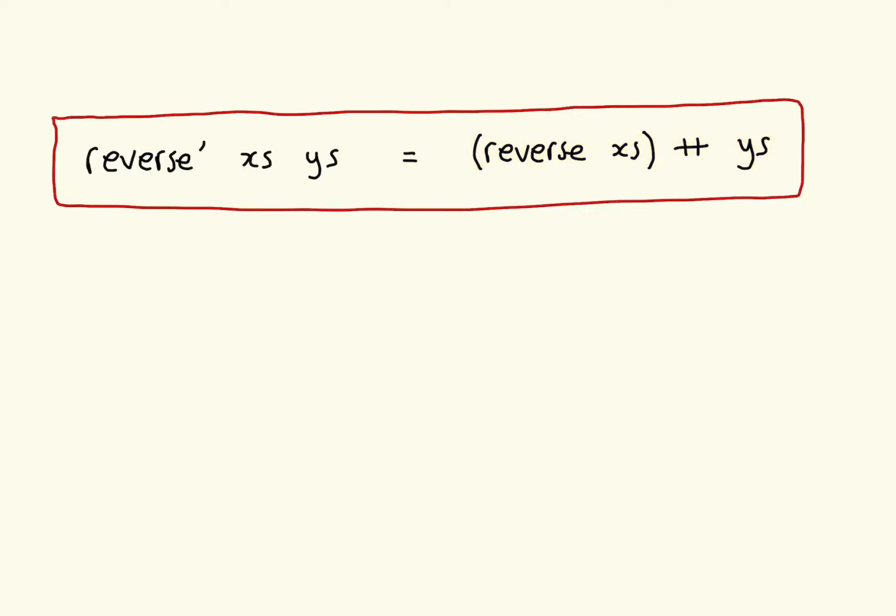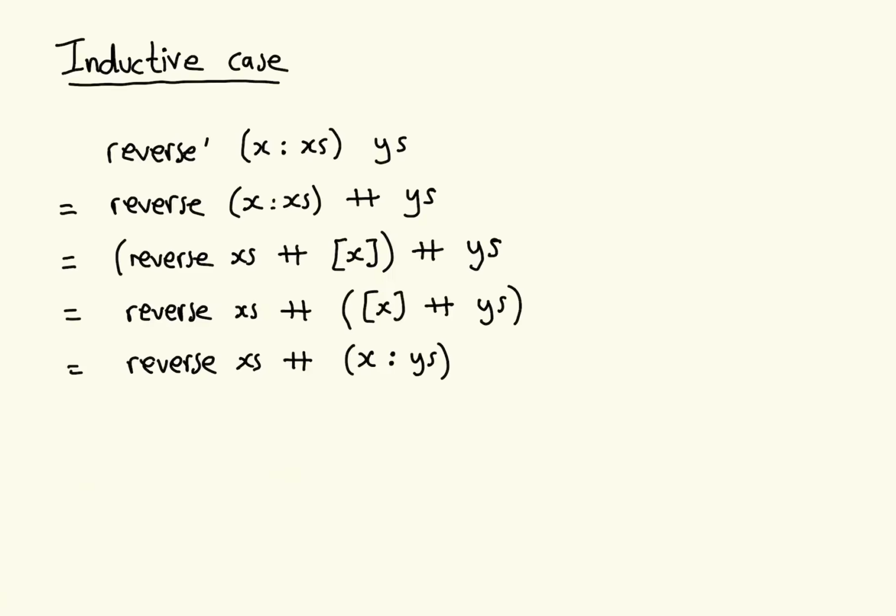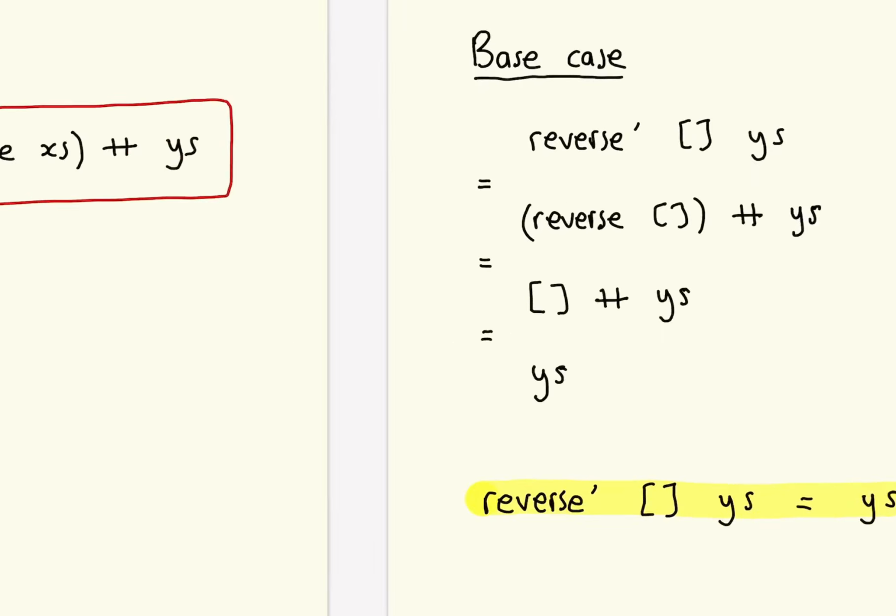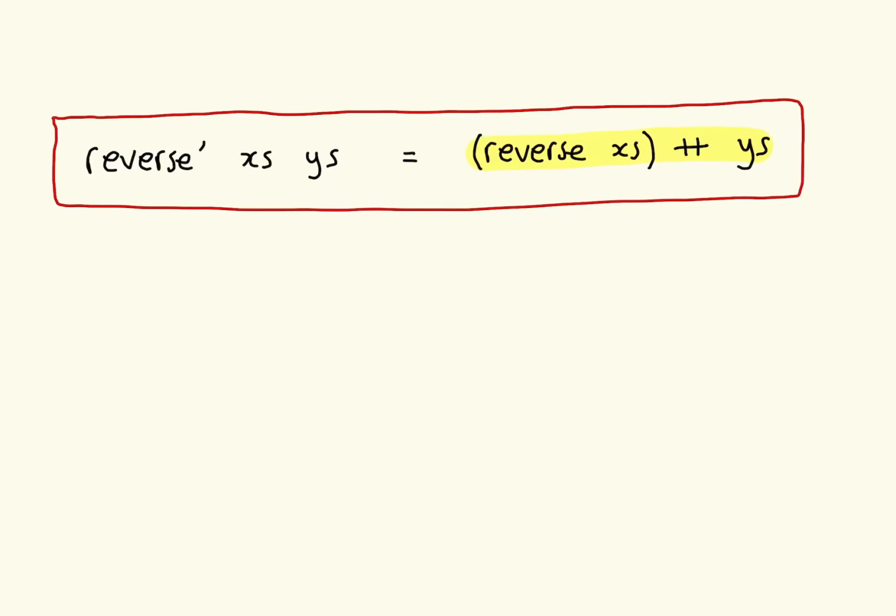So if you look back to the calculation, what we have here is reverse of x's appended with some other list. So by induction, we're allowed to assume that this list here is the same as this.